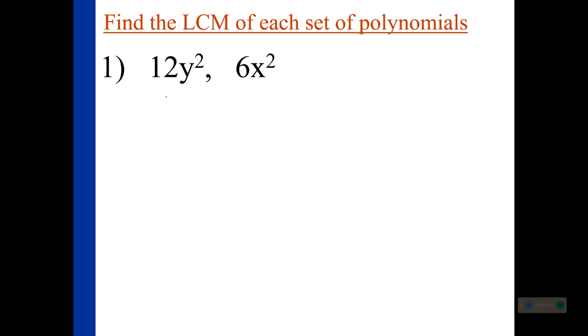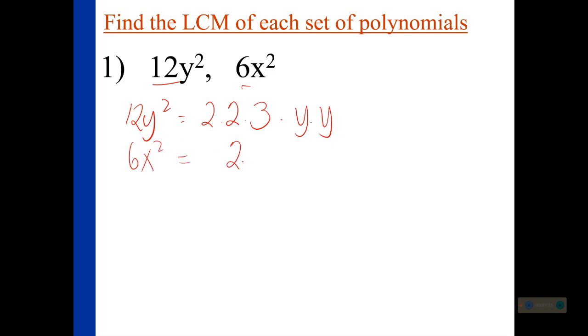Okay, so you are going to factor out 12 first. So we have here 12y squared. The prime factors of 12 are 2 times 2 times 3. Then the factors of y squared are y times y. And then the factors of 6x squared are 2 times 3 times x times x. And then you are going to use as one those who are having the same factor.